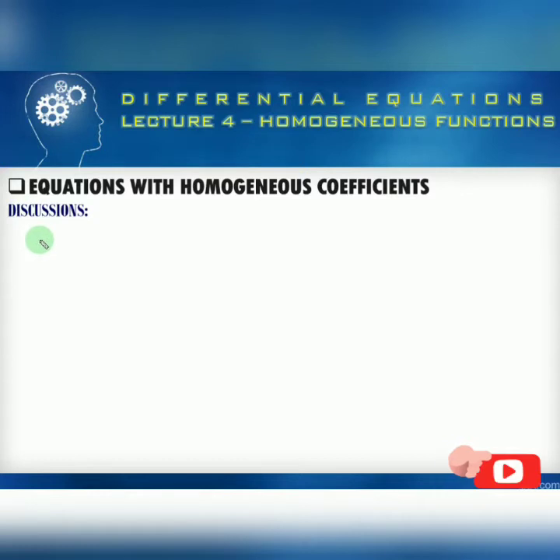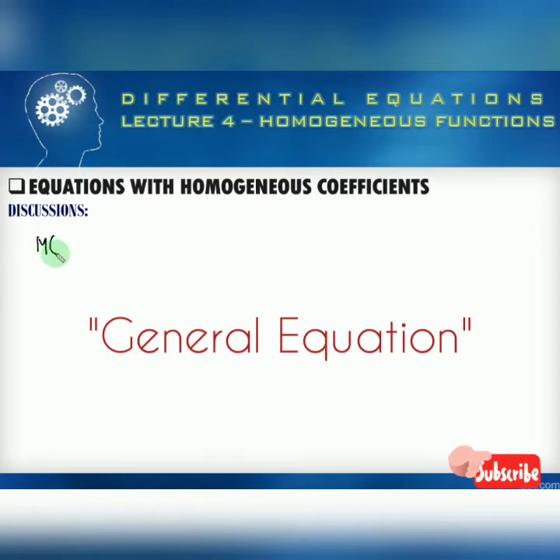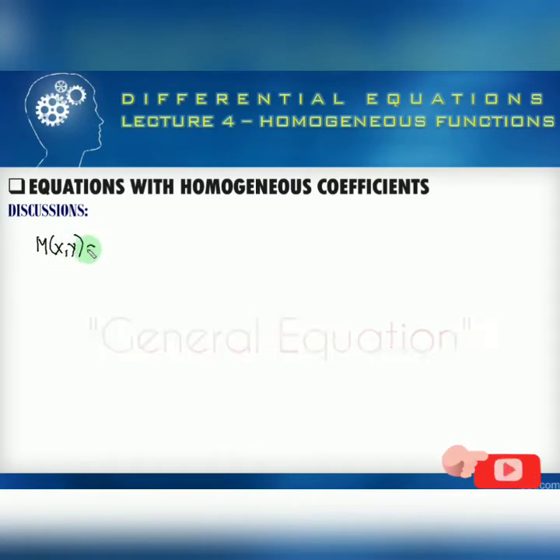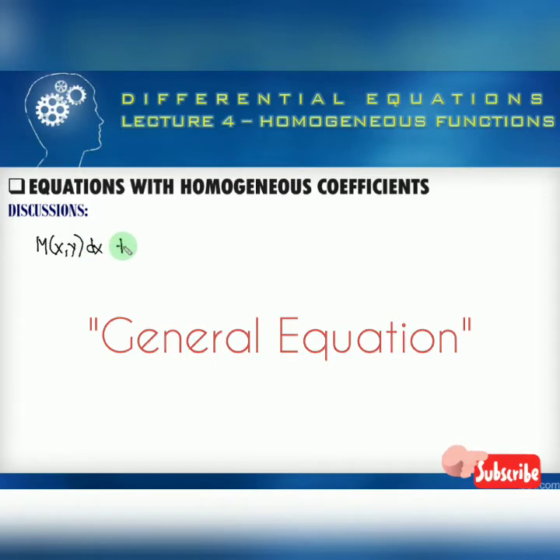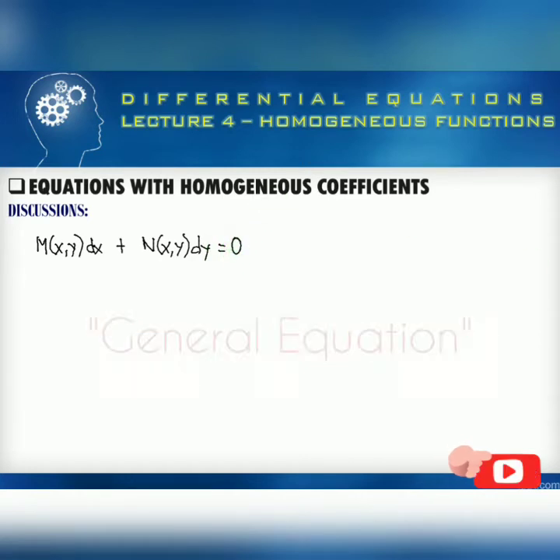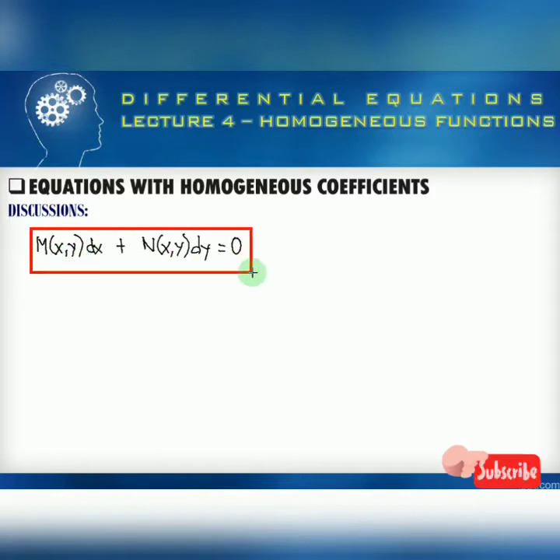If we let our equation be M as a function of x and y dx plus N as a function of x and y dy is equal to 0, this would be our equation for the topic regarding equations with homogeneous coefficients.